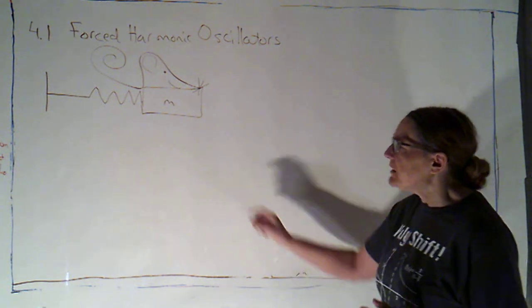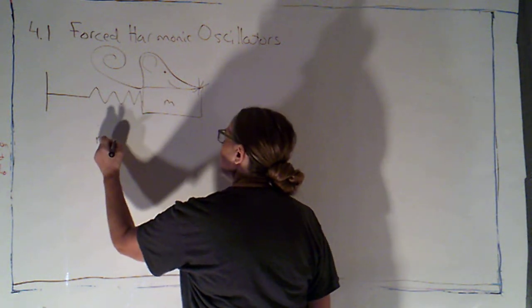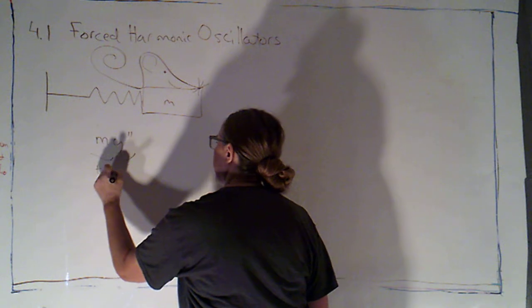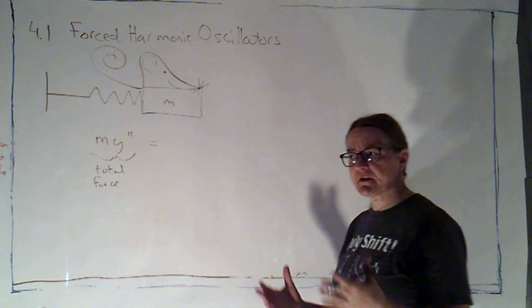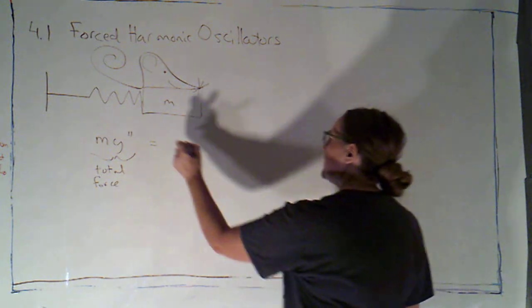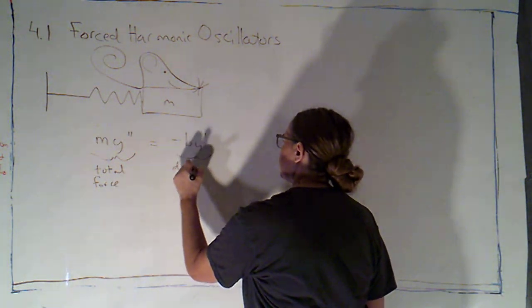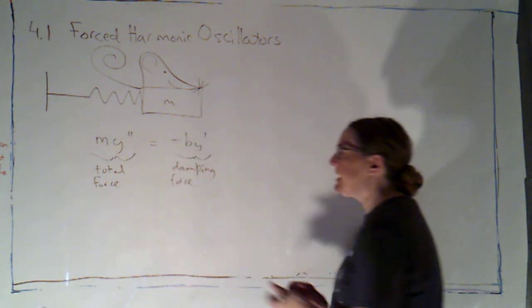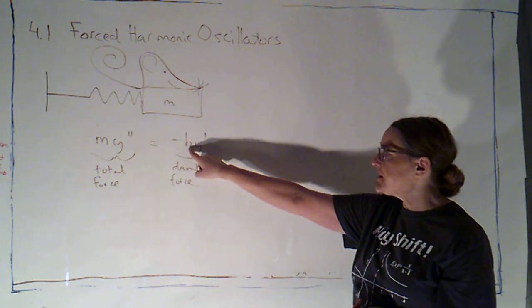Okay? Well, let's just remember what our general harmonic oscillator looked like. We had my double prime, that was the total force. And then we said there are two forces that always exist in nature. There's going to be the damping force. That's the combination of friction and air resistance. Here, B is a positive parameter.